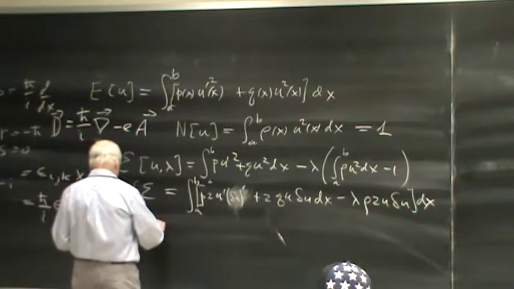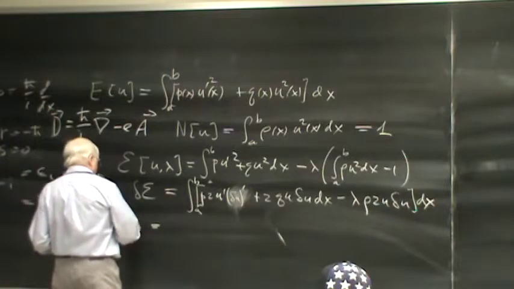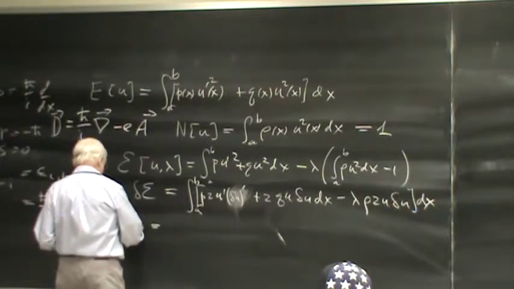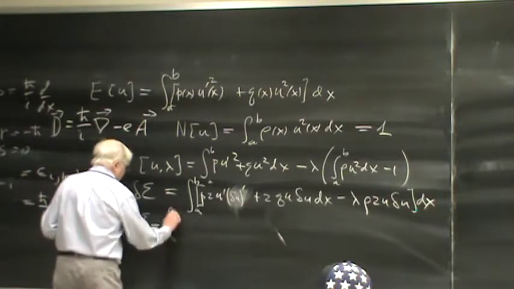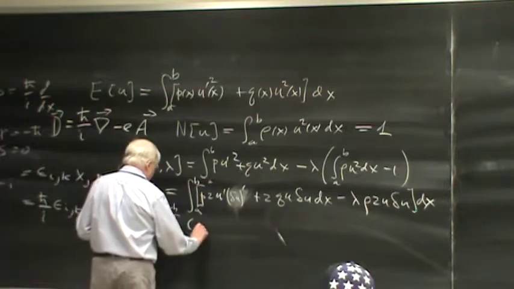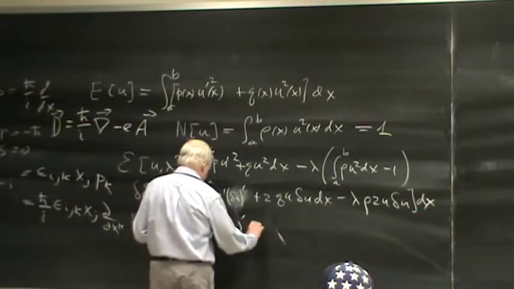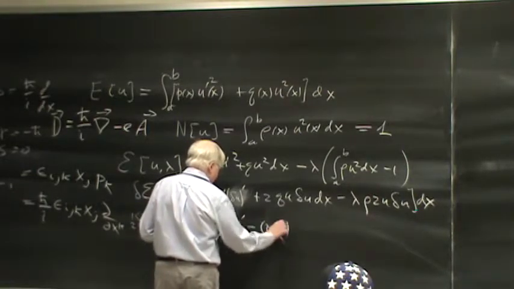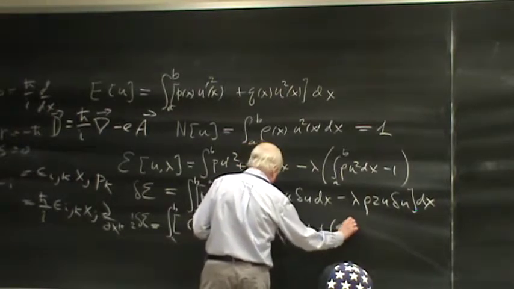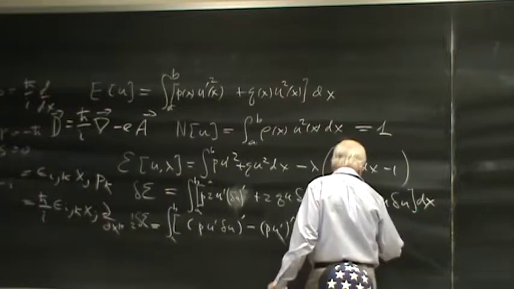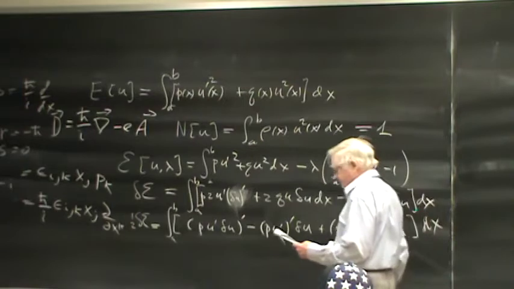Let's toss out this factor of 2, and so we get a half delta E is an integral from a to b of p u prime change in u differentiated, minus p u prime prime change in u, plus q minus lambda rho u change in u, dx.